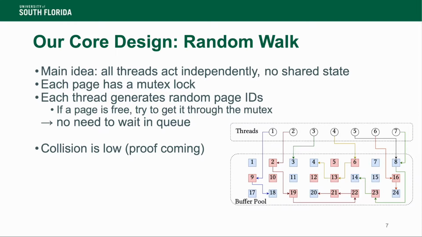That means that once the used flag in the page is set, it is considered not available. In requesting a page, each thread will generate a random page ID. If the corresponding page is free, the thread will get the page, and otherwise the thread will generate a new page ID until it finds one free page.